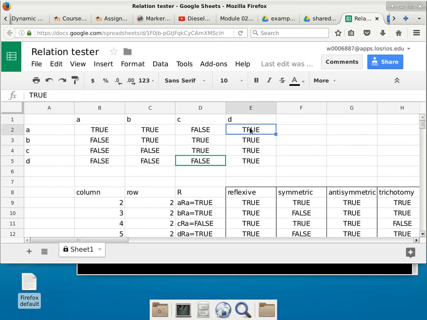CRB is good. Okay, so we have to turn this into a false, oops, false, and turn this into a false. Then it becomes almost exactly the same as the other one.